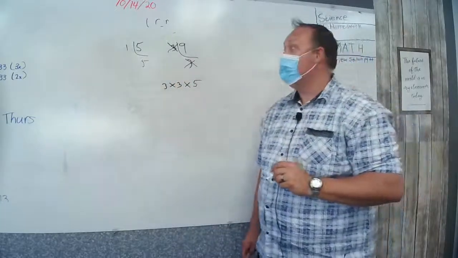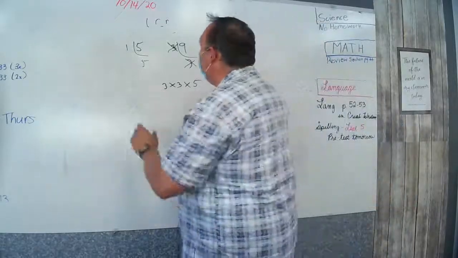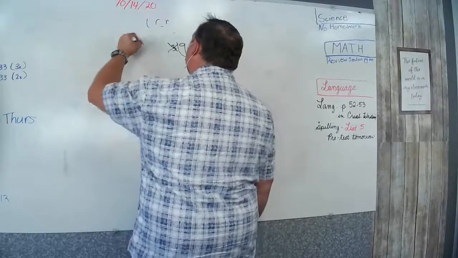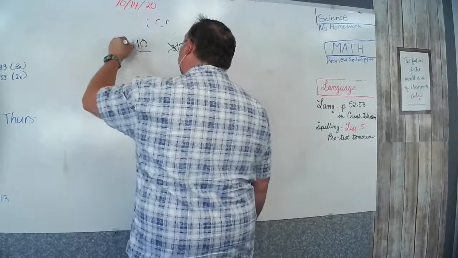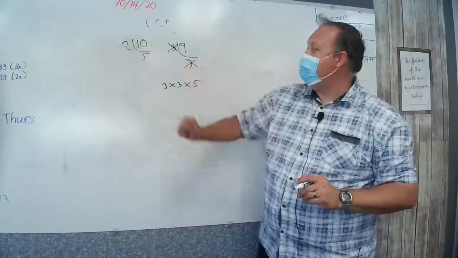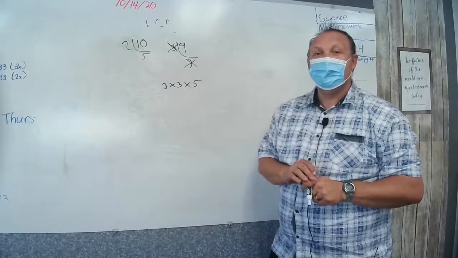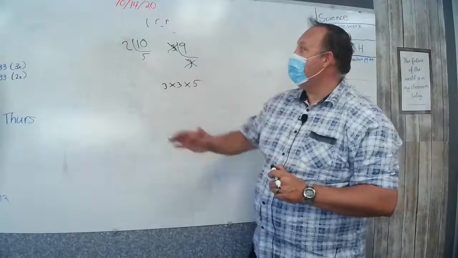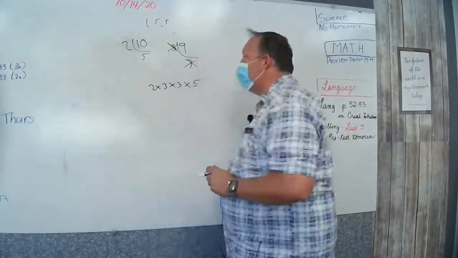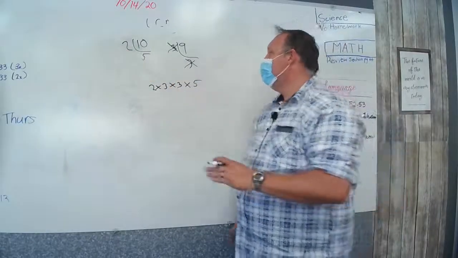Okay? So that's why we cross out other factors, is because if I were to have 10 and 5. Okay? If I were to have 10, I'd have to have 2 and 5, so I'd have to use 2 as well. I've got to make sure I use every factor at least once.